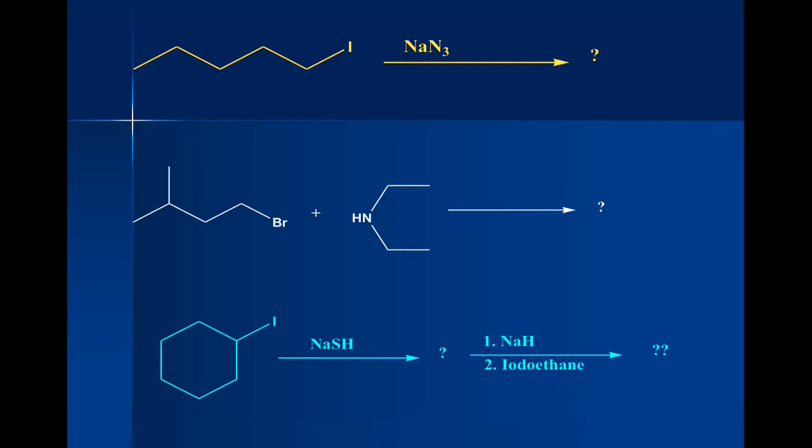The nitrogen now is positively charged because it has 4 bonds, and the bromide, right, is out there as such. Okay, does that make sense? We'll talk about these mechanisms a little bit more today.